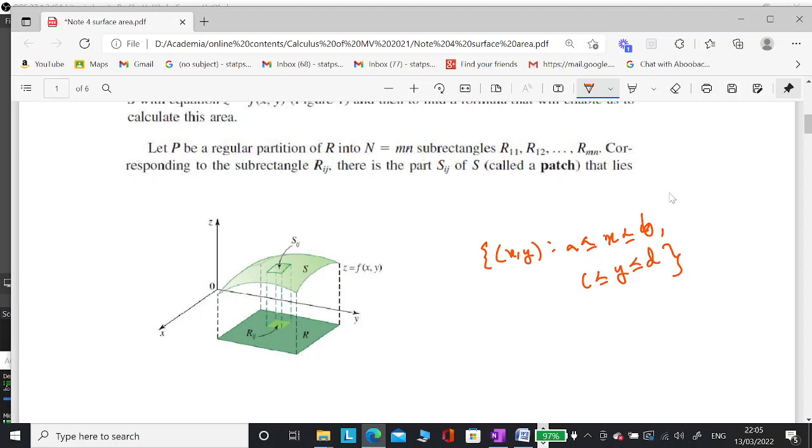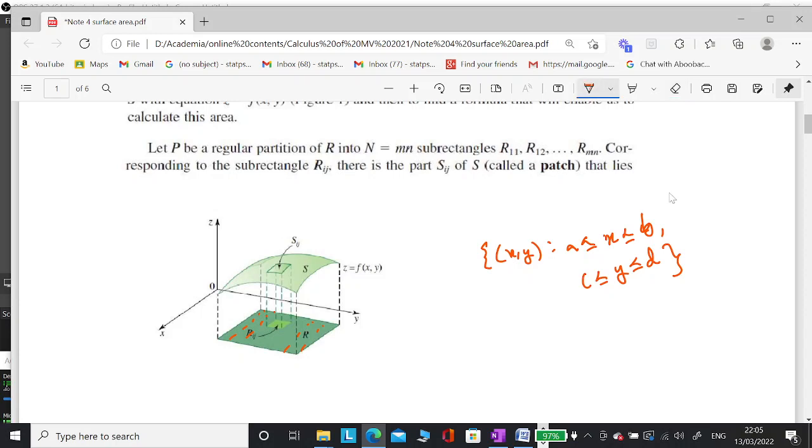As is our usual custom, we denote a rectangle. From here we will split this into many rectangles and consider one such area, Rij, the light green colored portion.